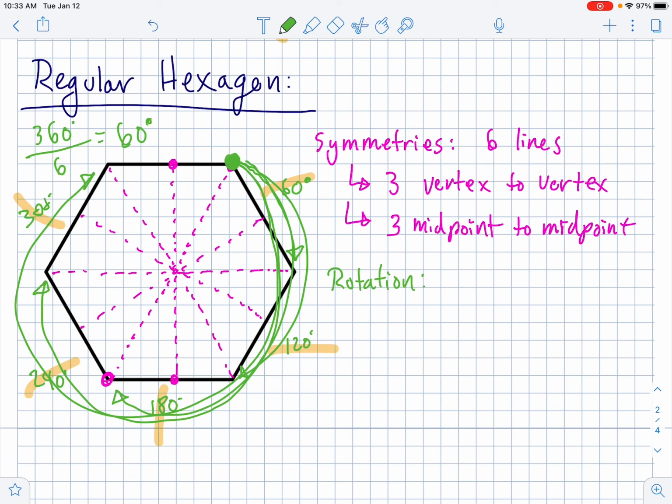Seems like it's always one less than the sides of the polygon. So yes, we have rotations. They are at 60 degrees, 120 degrees, 180 degrees, 240 degrees, and 300 degrees. So there are 1, 2, 3, 4, 5.